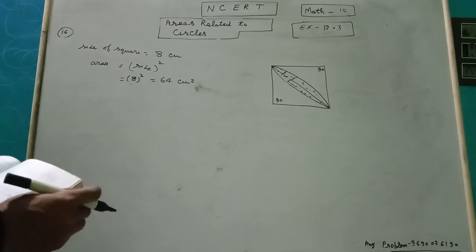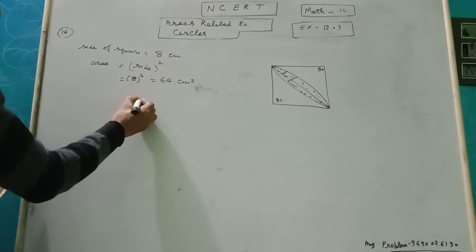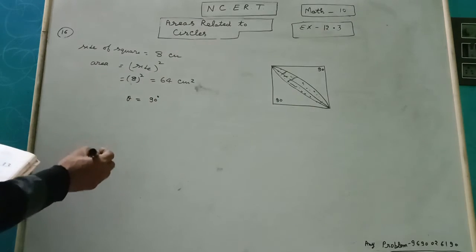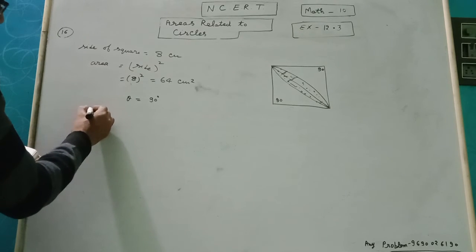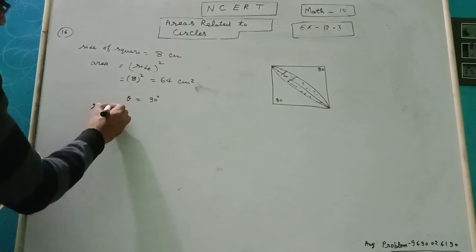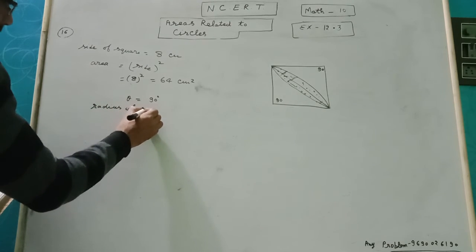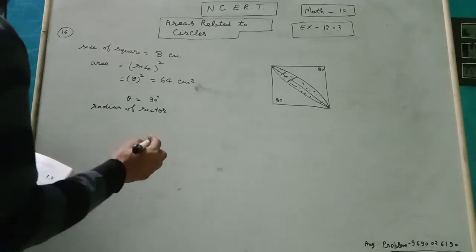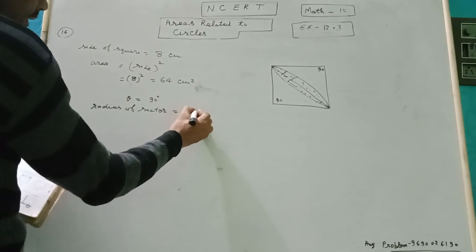Both sectors are equal. Theta is equal to 90 degrees, each angle of the square, and the radius of the sector is equal to 8 cm.